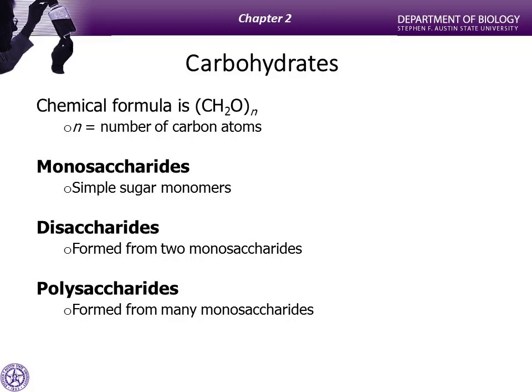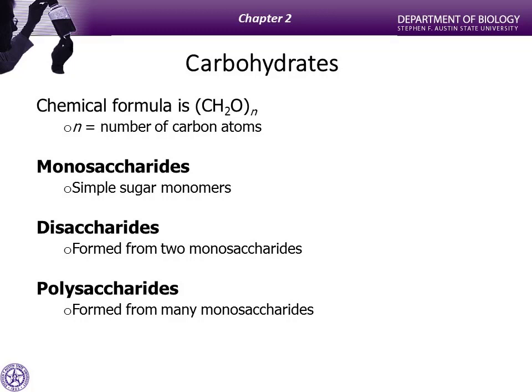And the way we represent typically a chemical formula of a carbohydrate is with a very simple formula, CH2O, and then we have a subscript n. n simply represents how many carbon atoms are a part of that carbohydrate. And I'll go ahead and introduce this now.